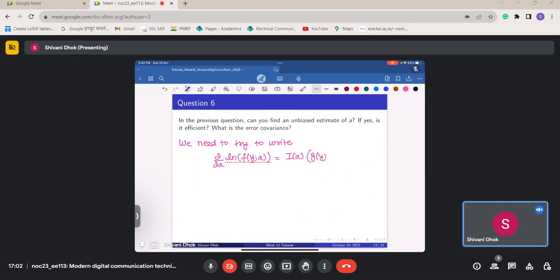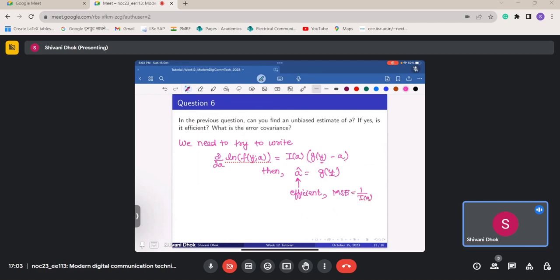This should be only a function of y and nothing else. It shouldn't have A in it. Minus A. Then your A hat will be g of y. This will be efficient, and MSE will be equal to 1 upon IA.